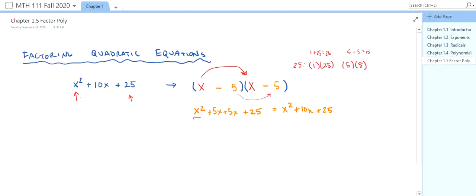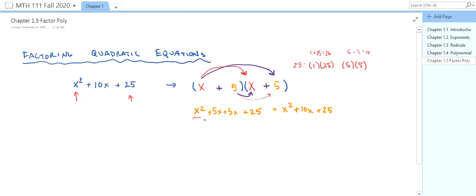But when we multiply the purple lines here, this times this, and this times this, we get minus 5x and minus 5x, and adding them we get minus 10x, and this is positive 10x. So clearly, this needs to be a positive sign here. And now that produces the correct values.